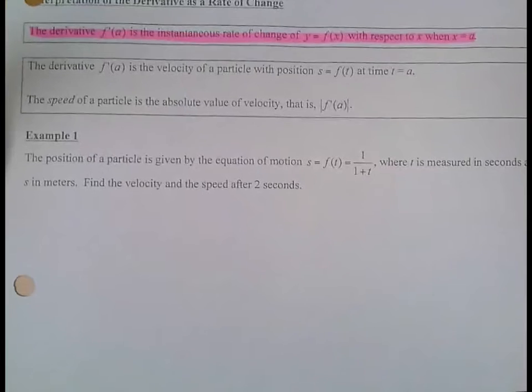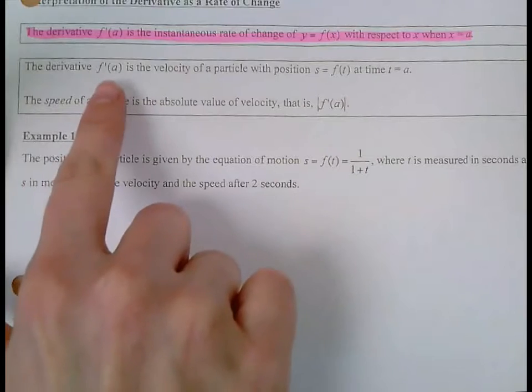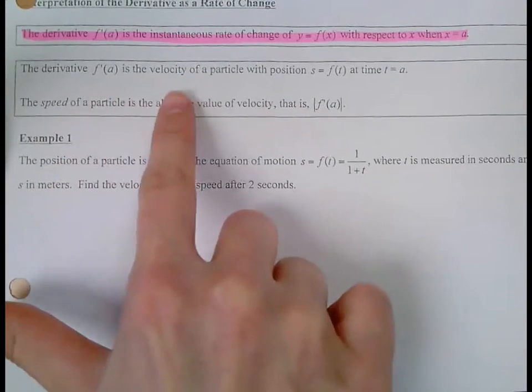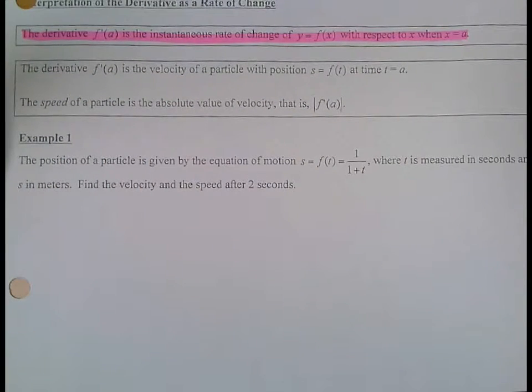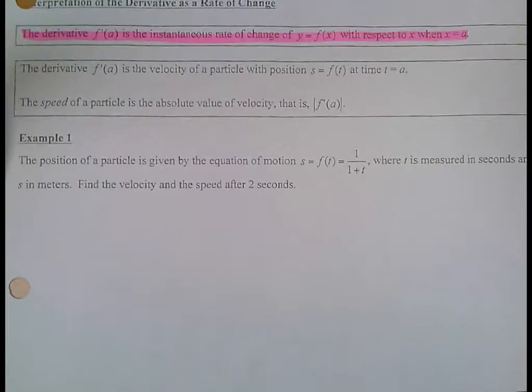So then the biggest application of derivatives in calculus is with velocity, position and then velocity. So the derivative f prime of a is the velocity of a particle with position function s equals f of t at time t equals a. We've talked about that idea using that same limit to find velocity.